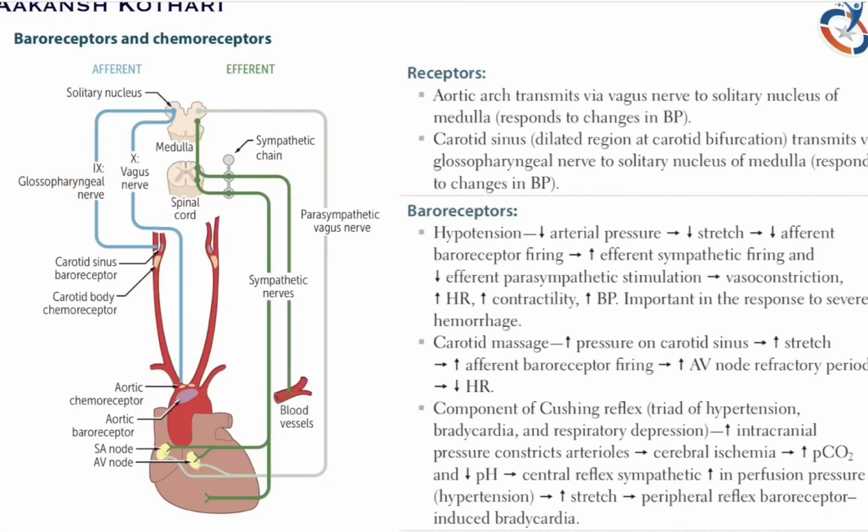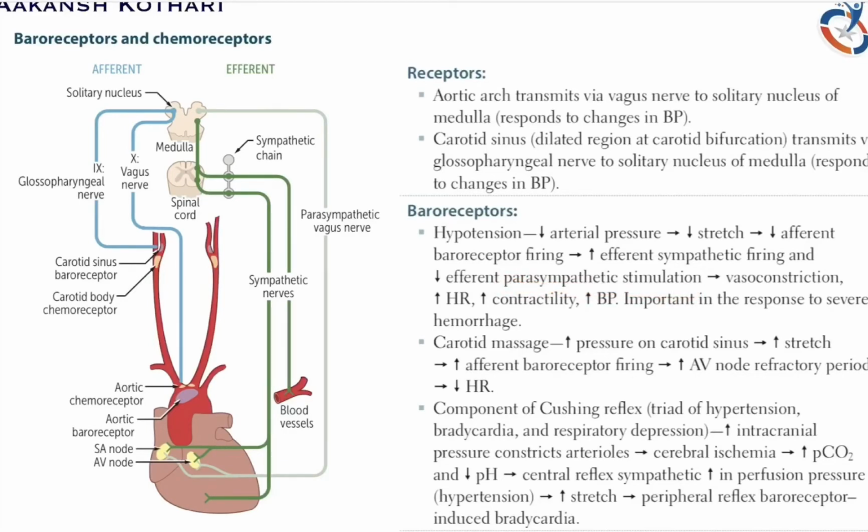Now, due to decrease in the baroreceptor firing, there is increased sympathetic firing from the efferent pathway. So, there is an increase in the sympathetic firing and a decrease in the parasympathetic firing. Since the blood pressure is low, the sympathetic system increases and the parasympathetic system decreases. Am I clear?